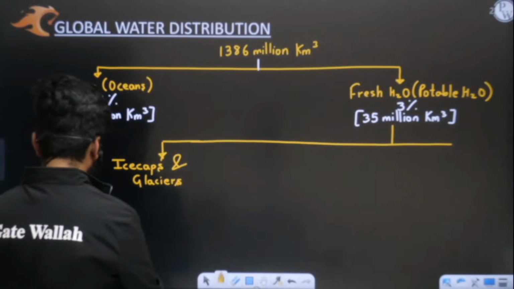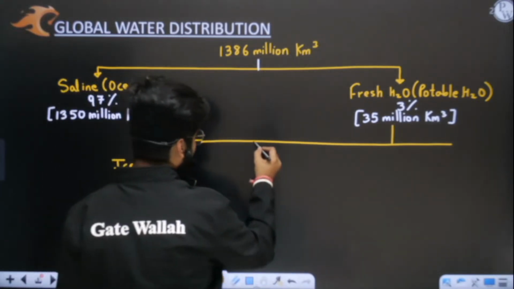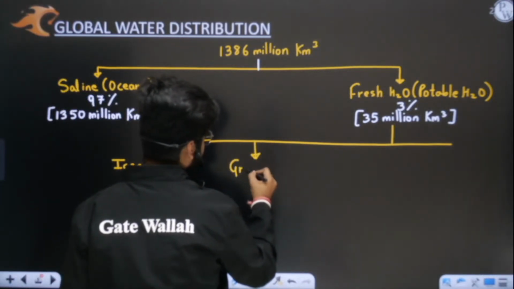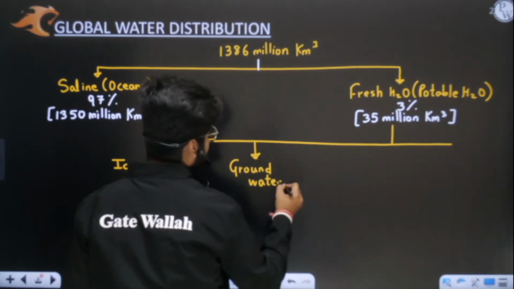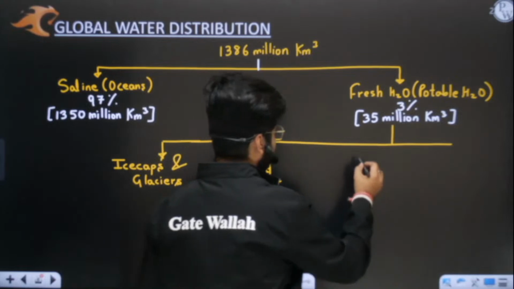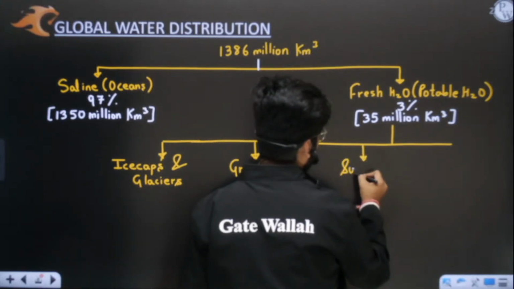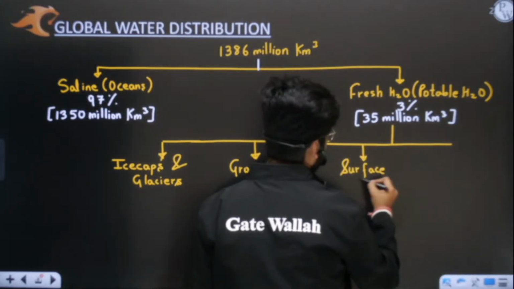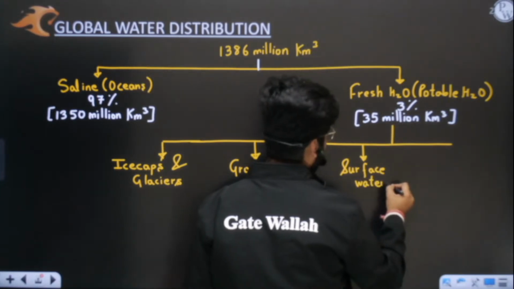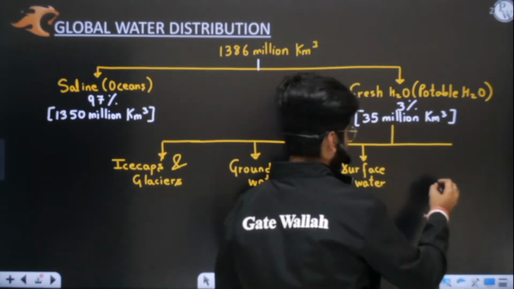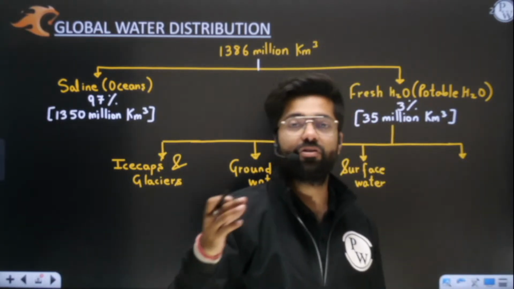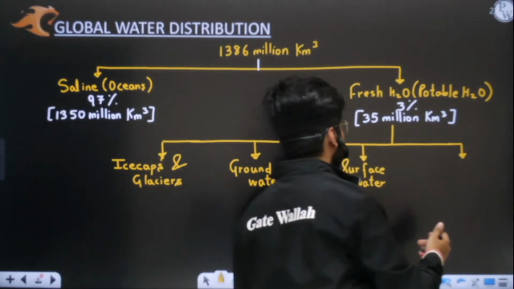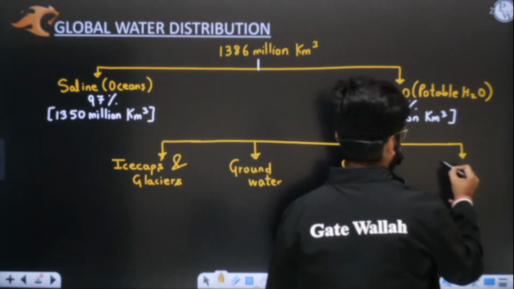Some water, you all know, is present in the ground itself, inside the surface. Some water is present on the surface, that is your surface water. And some water is present in other sources, such as the atmosphere and human bodies. That is fresh water only, so that is your other sources.